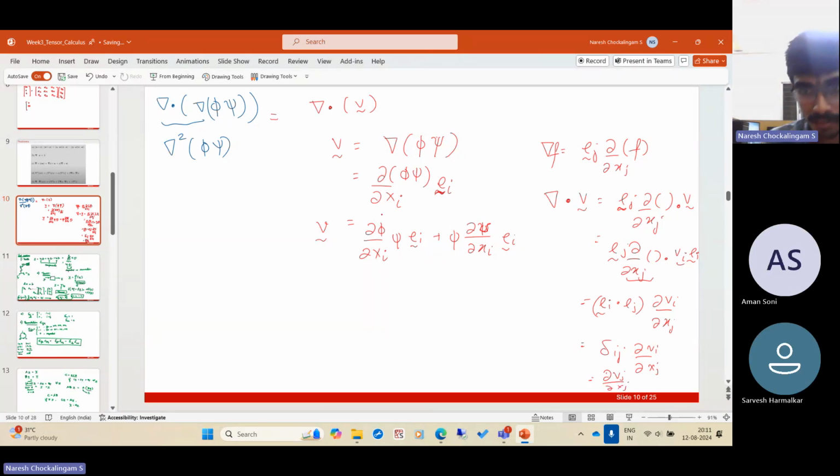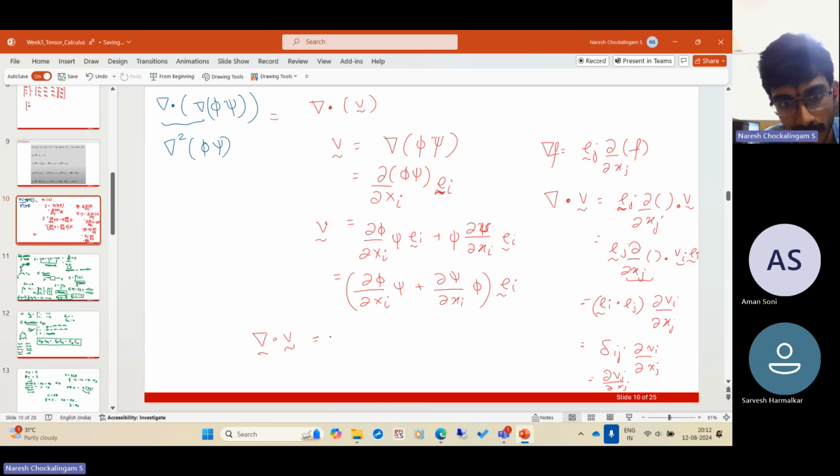Here we do the same thing. So this is nothing but dou phi with respect to xi times psi plus dou psi with respect to xi times phi. This is the ith component, multiplied by the ith basis vector. What is the divergence of this? It is the partial of the jth component with respect to the jth coordinate.